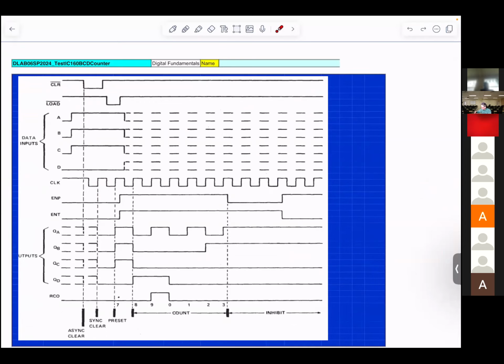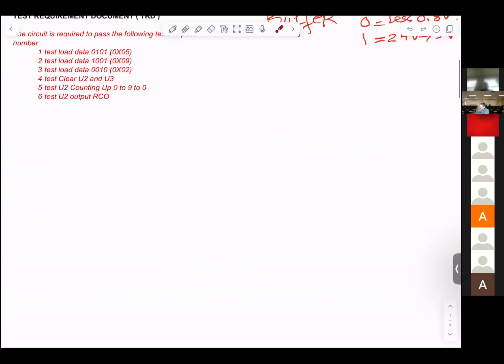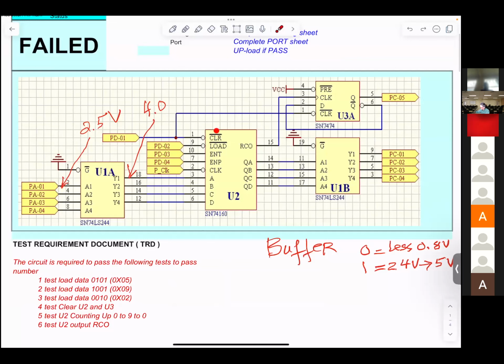This is the timing diagram for that IC. The first thing is talking about the input here, CLR. What does that mean? Clear. Input clear. So if you're looking here, input clear is pin number 1, right? Active low.